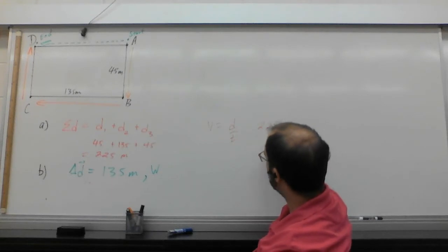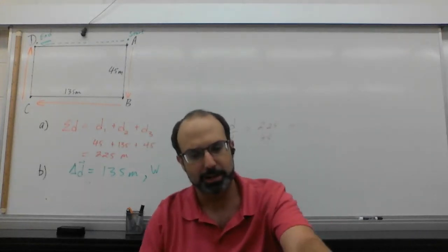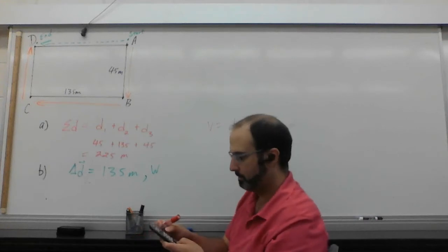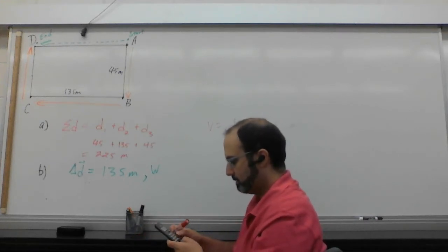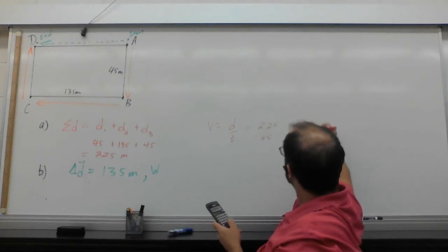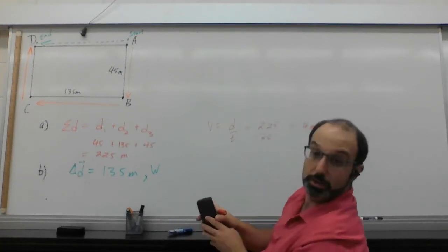We just measured it, divided by t, which it just said was 55 seconds. I'm going to plug that in my calculator, and I'm going to get a nice simple number. 225 divided by 55, and I get about 4 meters per second. No direction, because it's speed. Okay, that one's done.